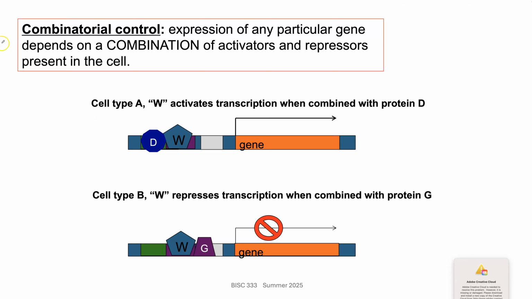And I will briefly touch on combinatorial control. Combinatorial control refers to the fact that it is not just one protein, an RNA polymerase, that initiates transcription, but that you have a whole set of regulatory proteins. And so you might have a transcription factor like W here, which is just a made-up, general example.